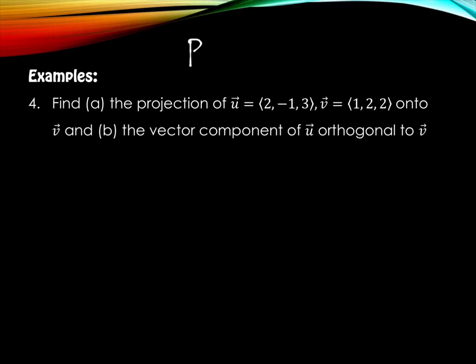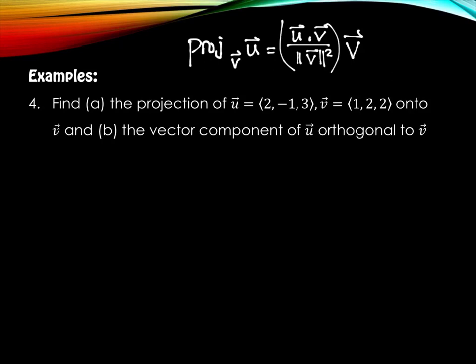So this was the projection of u onto v. It's the dot product of u and v divided by the magnitude of v squared. And all of that is times the vector v.